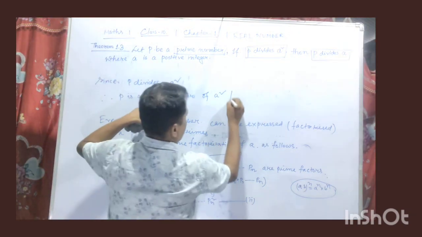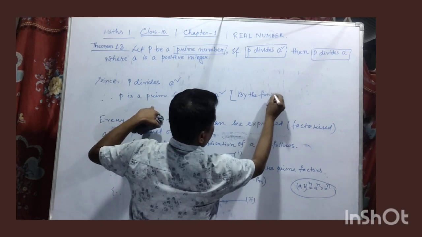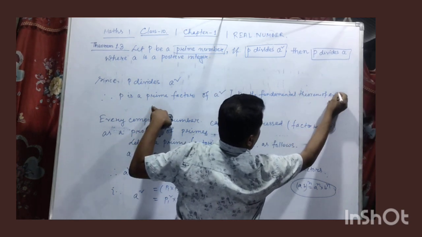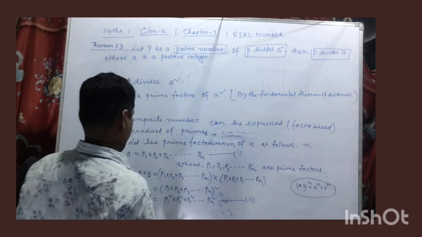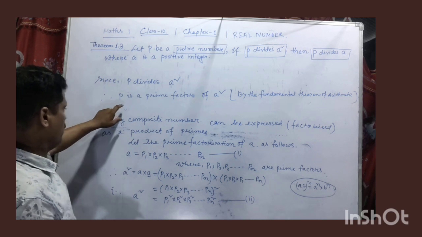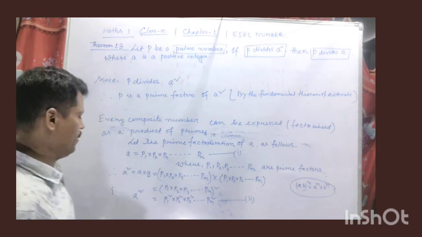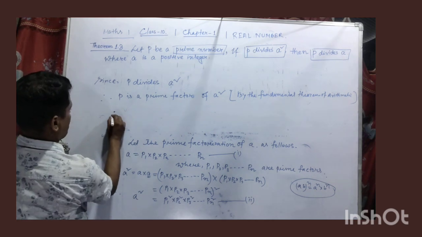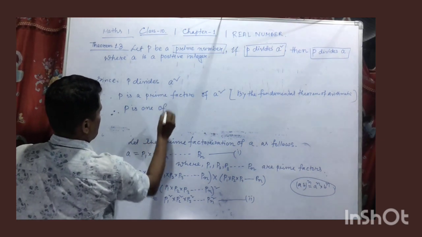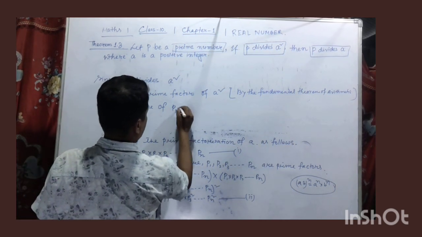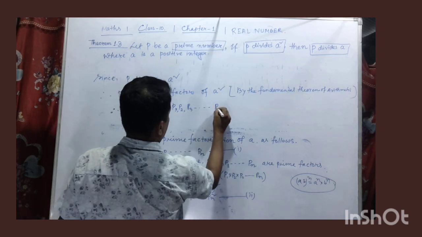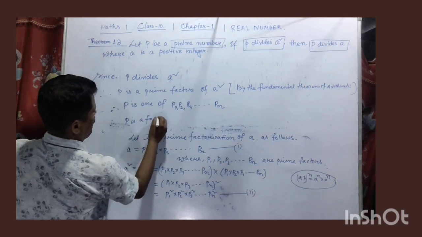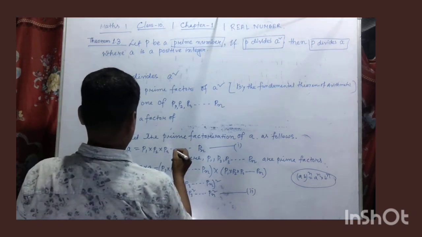By the fundamental theorem of arithmetic, therefore P is one of P1, P2, P3 dot dot dot Pn. That is, therefore P is a factor of A.